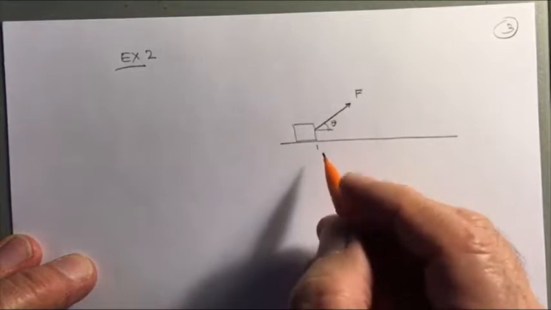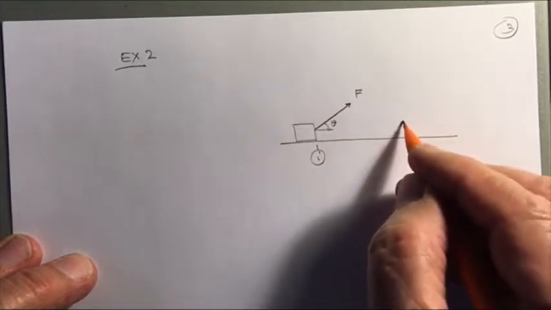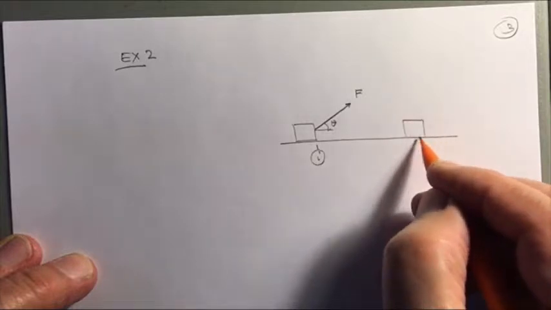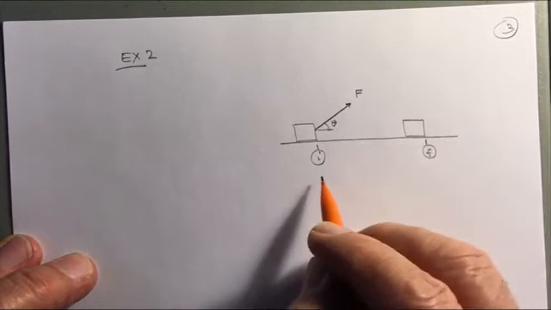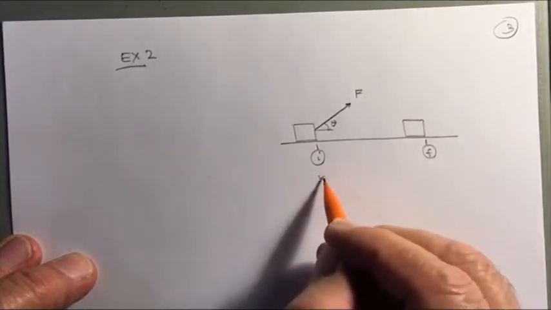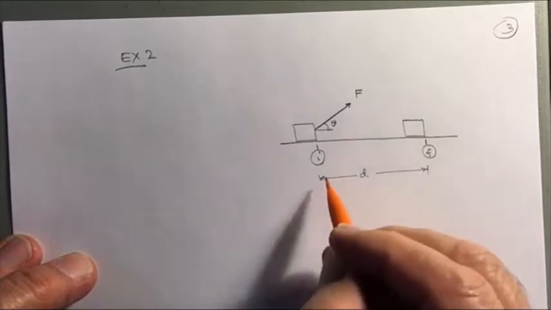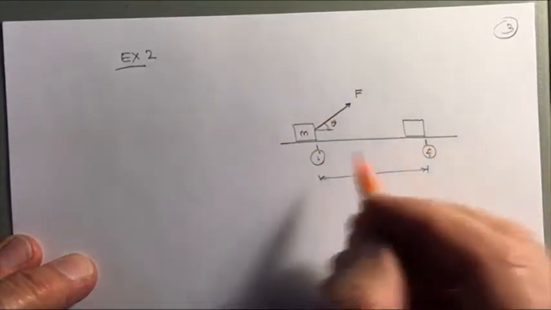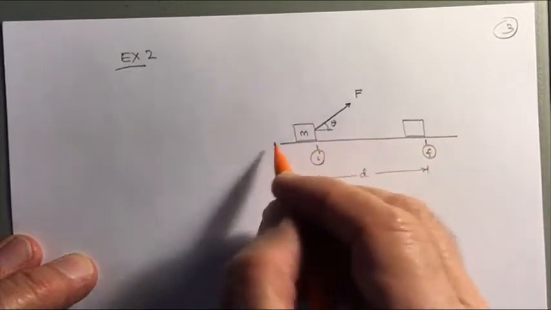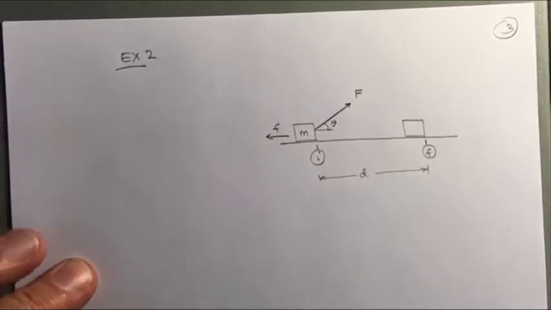Let's mark this point as the initial position, and it's dragged along the floor up to here, and this is the final position, and the distance between these two positions we just write as d. The mass is m, and there is friction, so the friction force will push backwards.